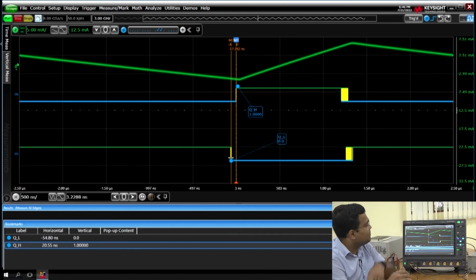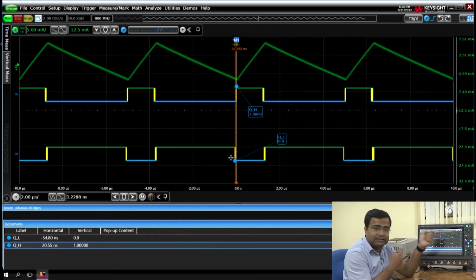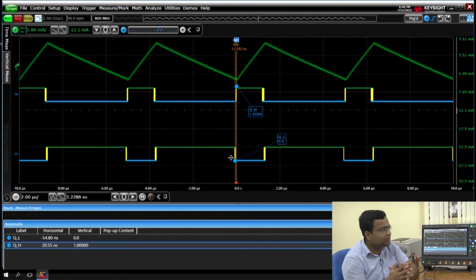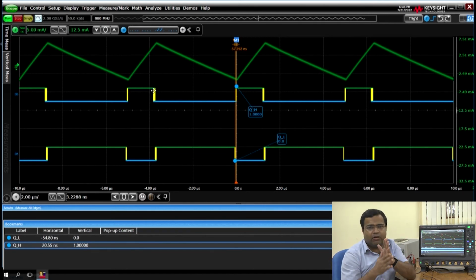But the same signal, if you pass through the analog channel, because you can even see the gate signal by an analog channel, the problem is that the sharpness of the turn on and turn off of the gate signal requires a very high bandwidth analog channel, and that is one of the limitations, because even if you go for a 1 gigahertz oscilloscope, typically the roll off starts much earlier.